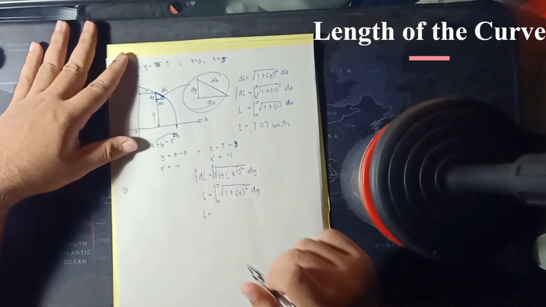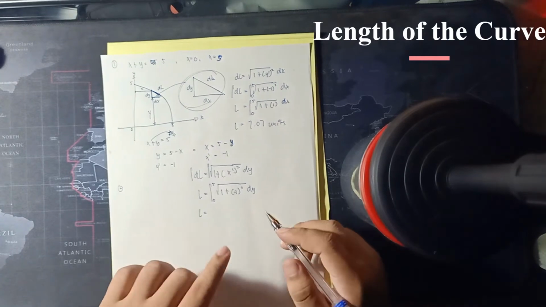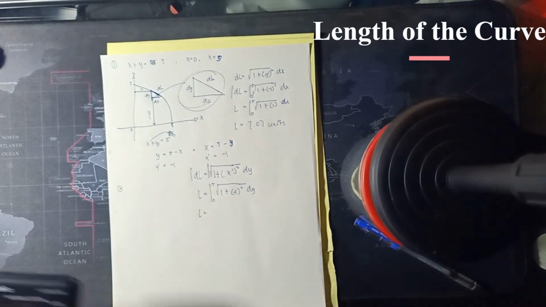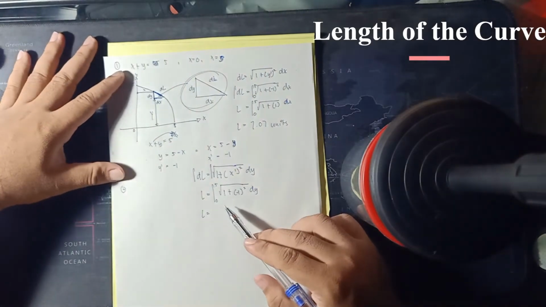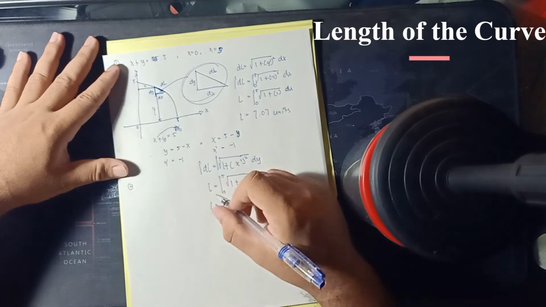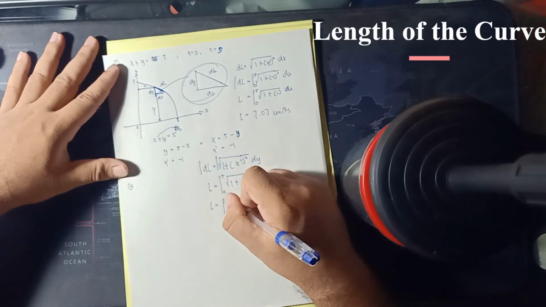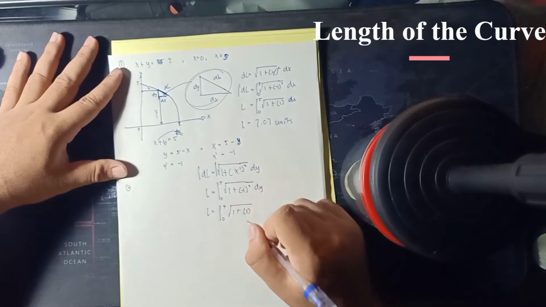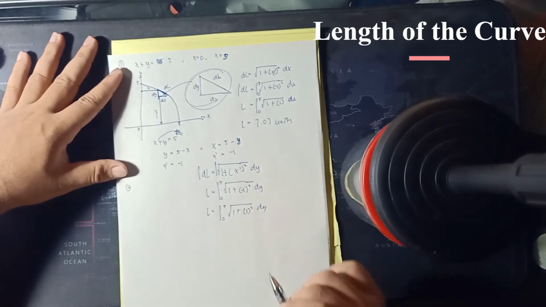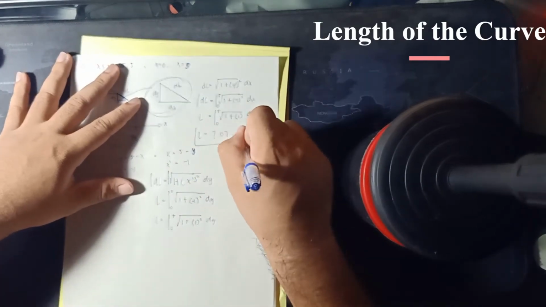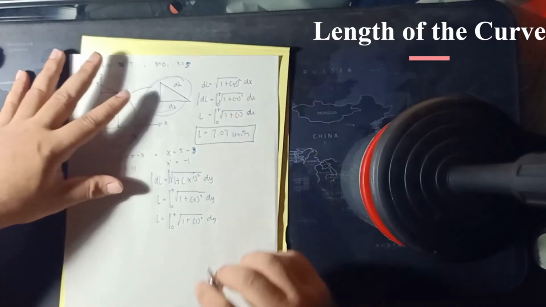Now the length is, if we take the integral of 1 plus positive 1 squared dy, still the same answer as computing it using dx.